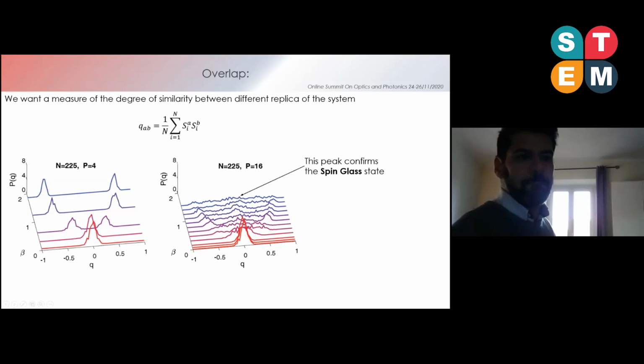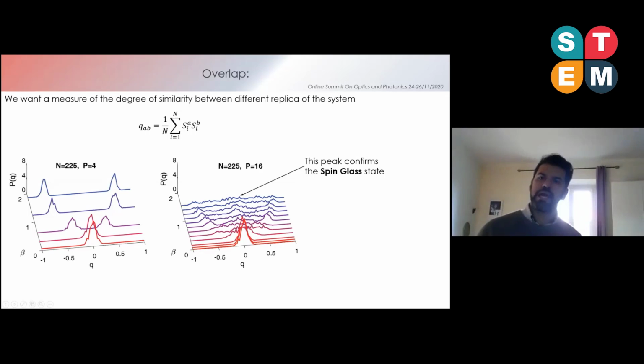We study the P of Q, which is an observable which characterizes the state of the system. The Q is the degree of similitude of one state with the other when you perform many replicas of the system, which is many simulations with the same disorder but different starting configuration.